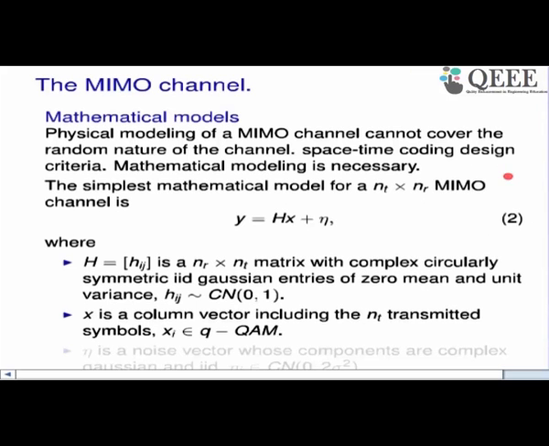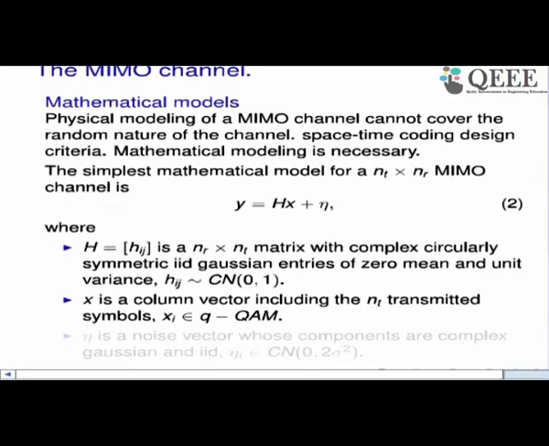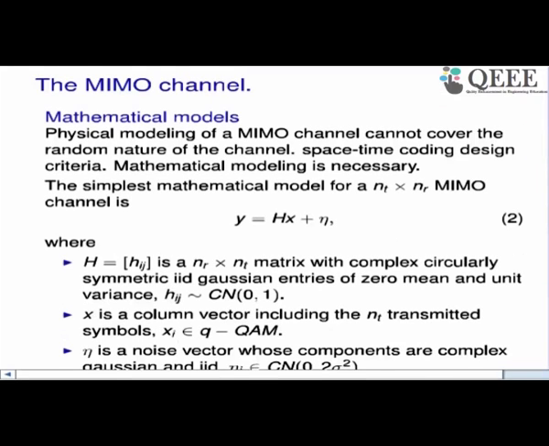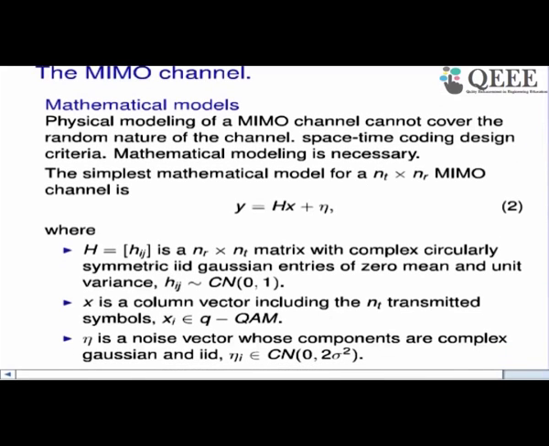So X, as we have told, is a transmit symbol, and for the remaining part we'll assume it is from M-QAM or Q-QAM, whatever you take, and the noise is a vector with each entry being complex Gaussian with variance 2 sigma square. So this is the basic MIMO channel model that we will be assuming for the rest of the course and for the second module of the course.